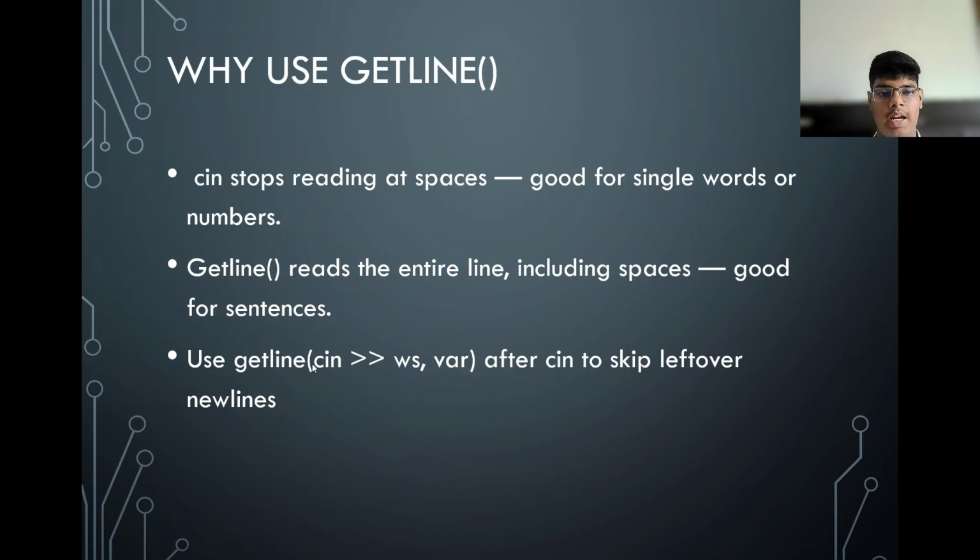And you see, when we use cin, it leaves an empty newline in the input buffer, which when read by getline ends the input. So we use cin >> ws. This allows us to skip the leftover newlines.